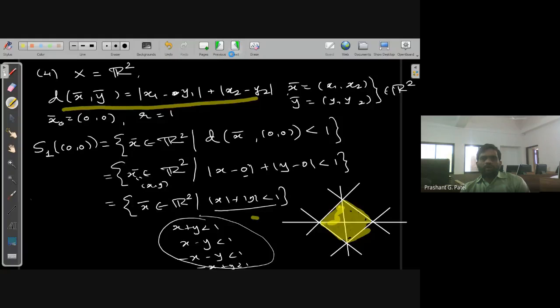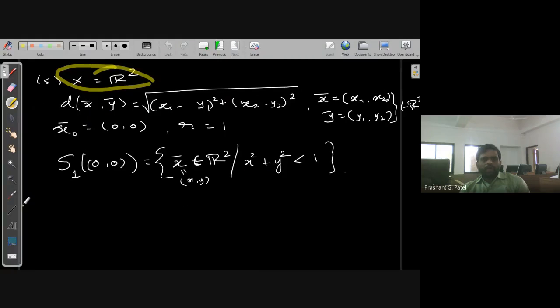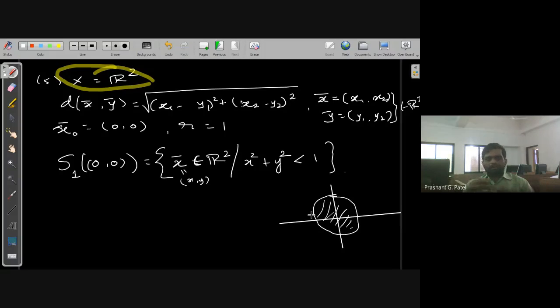And the third one, we have seen, is a disk with its inside portion. So there are three different metrics on the same set, and you will have different open spheres on that set.